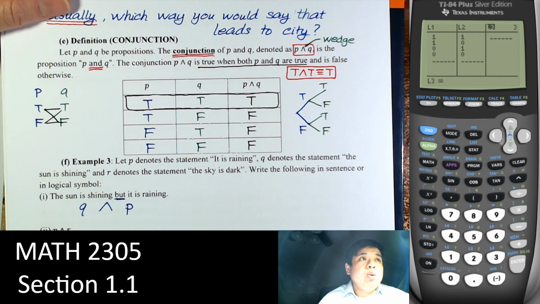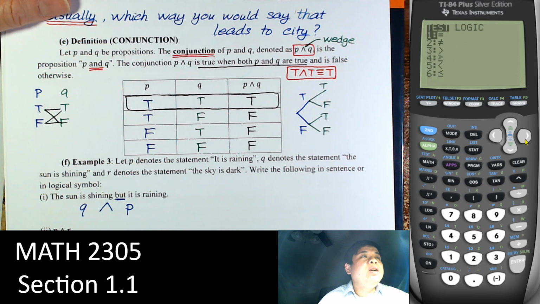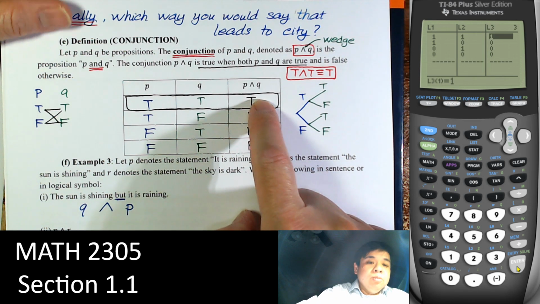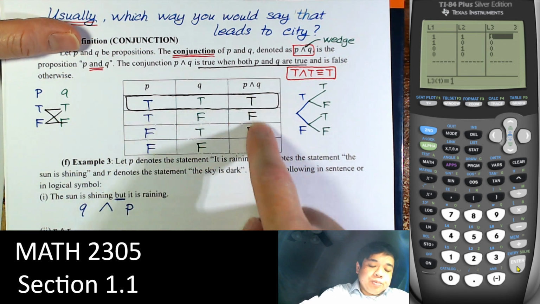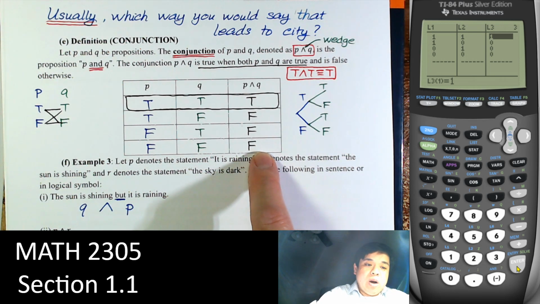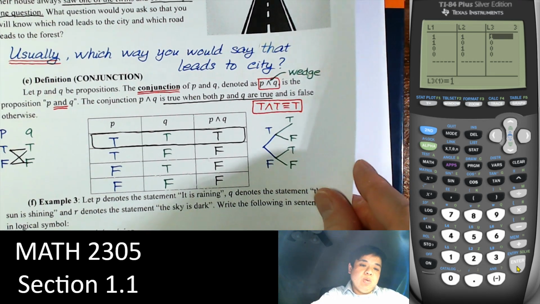If anything blue, hit the second button for L1, and then we need AND, right? Second, math, go to logic, AND. So L1 and L2, and of course it's true when both of them are true and false otherwise. So that conjunction certainly works.